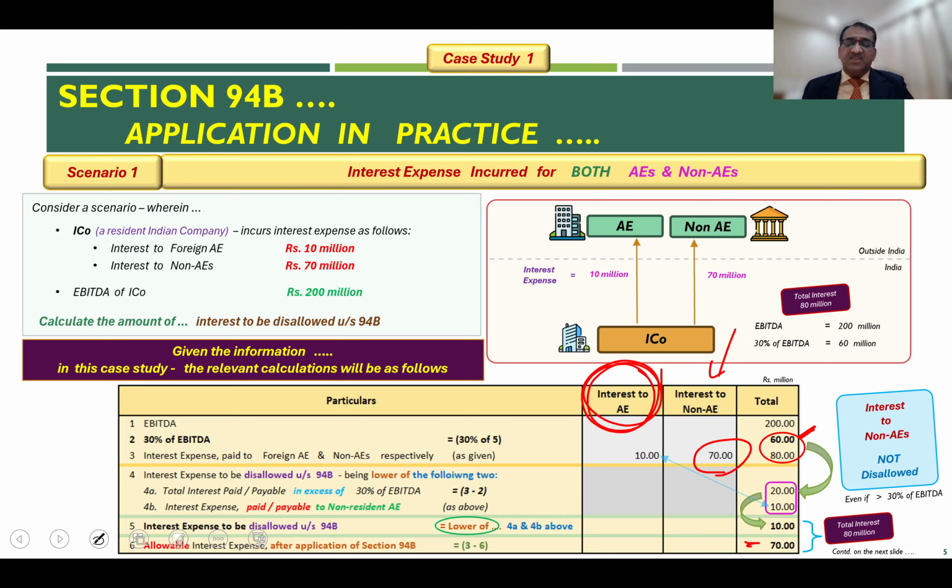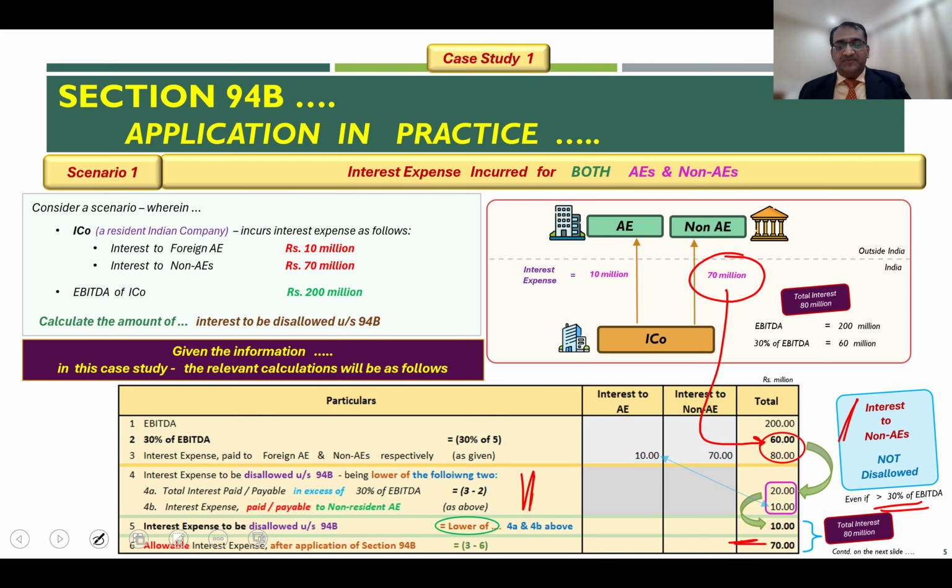And therefore, in this fact pattern, the total allowability of the interest is 70 million, corresponding to what you are actually paying to the non-AE. So even if this 70 million exceeds 30% of the EBITDA of 60 million, the way the calculations are designed in Section 94B, the entire 70 million is allowed. So even if more than 30% of the EBITDA, total interest to non-AE is allowed. Nothing is disallowed. Let us see another case study.